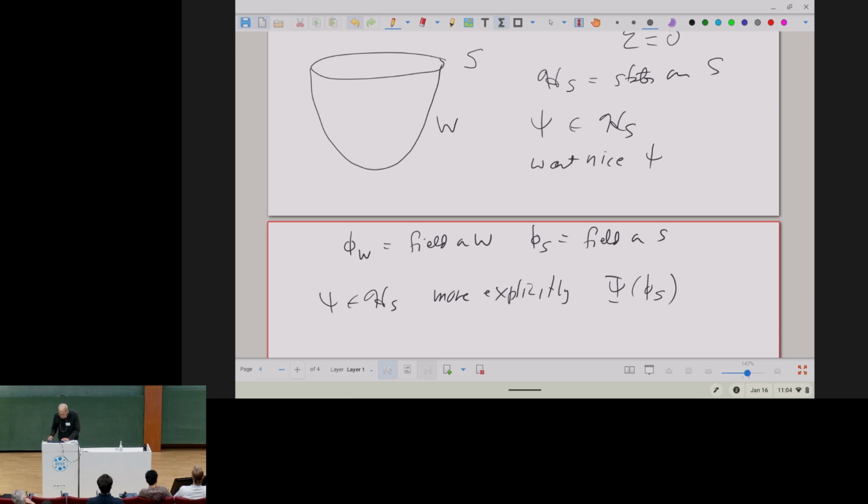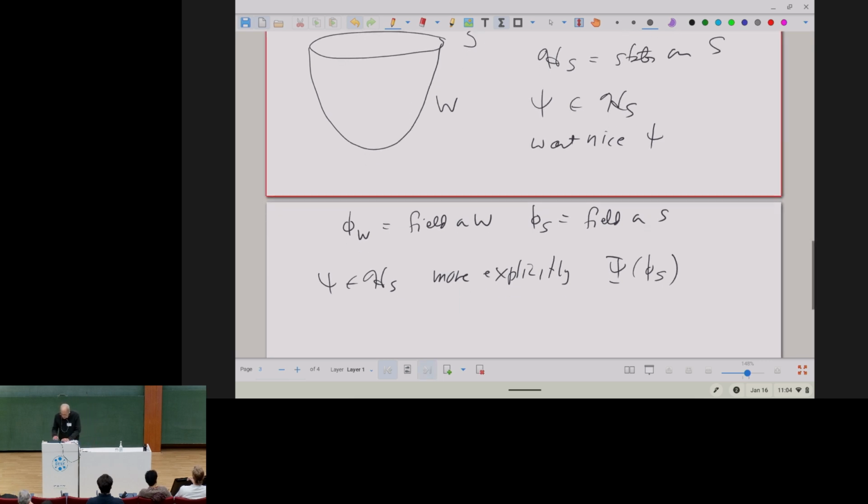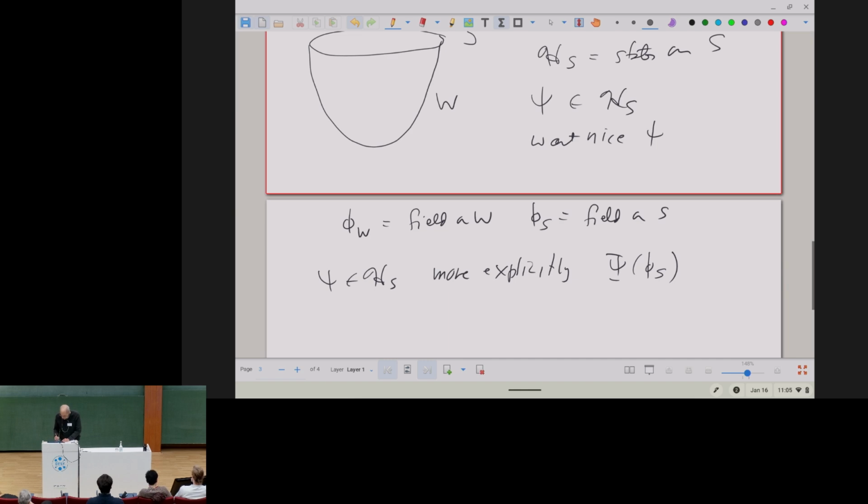A standard way to do it in this setup is to define psi of phi S as a path integral over all fields on W with the boundary condition that phi W restricted to S is phi S, times e to the minus action. In other words, we do a path integral on W as a function of the fields on S. And that gives us a function of the fields on S, which is a state.